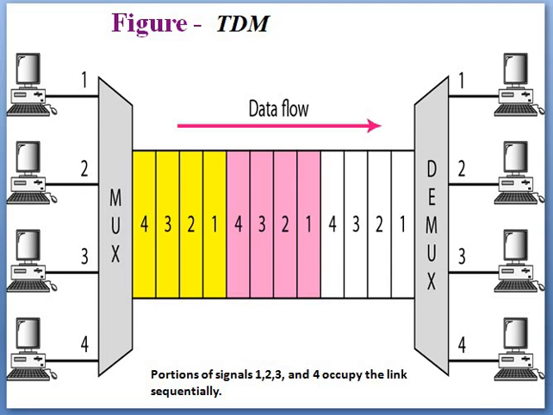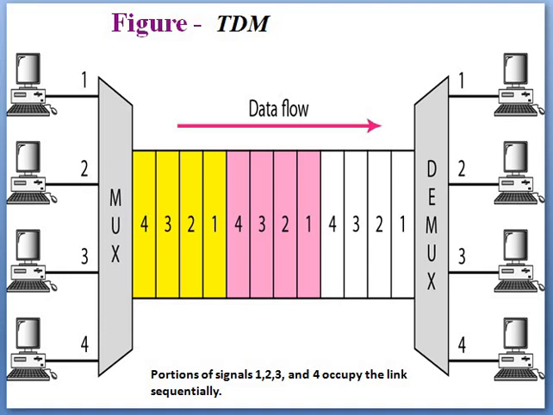Here, the same link is used as in FDM. The link is shared by time rather than frequency. That is, the link is divided into time durations instead of frequency.